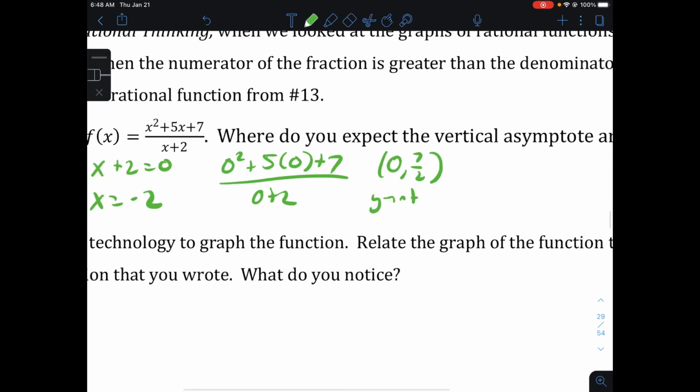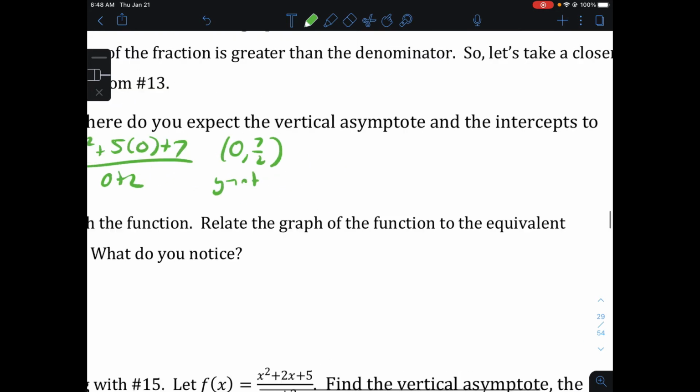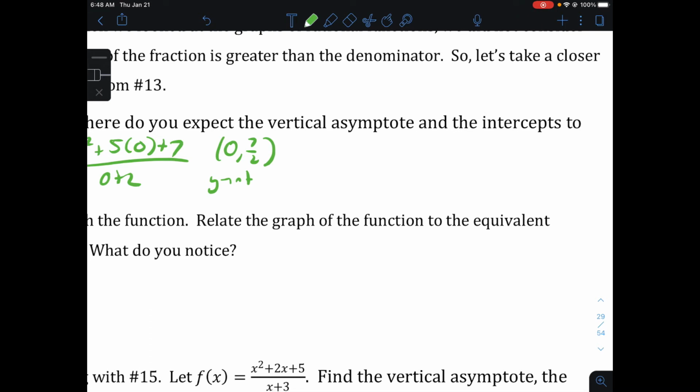And then your x-intercept, we have to set the top equal to 0, which actually ends up being quite ugly. You can't factor x squared plus 5x plus 7. So when you can't factor, or honestly, if it's too hard to factor, let's say you're looking at something like, I don't know how to factor that, you have to use quadratic formula. All right.